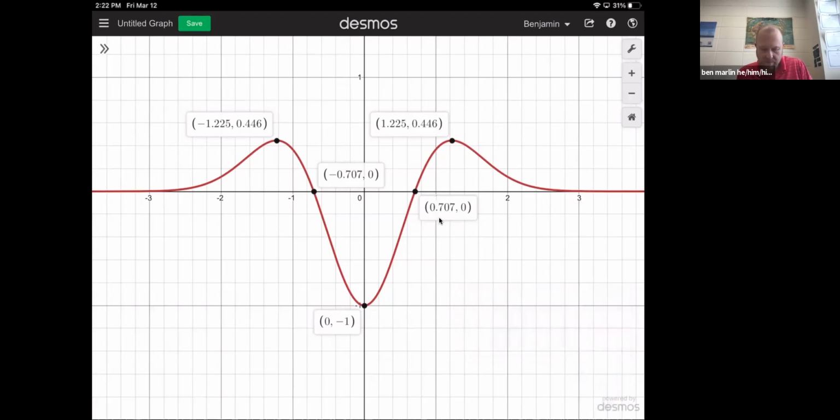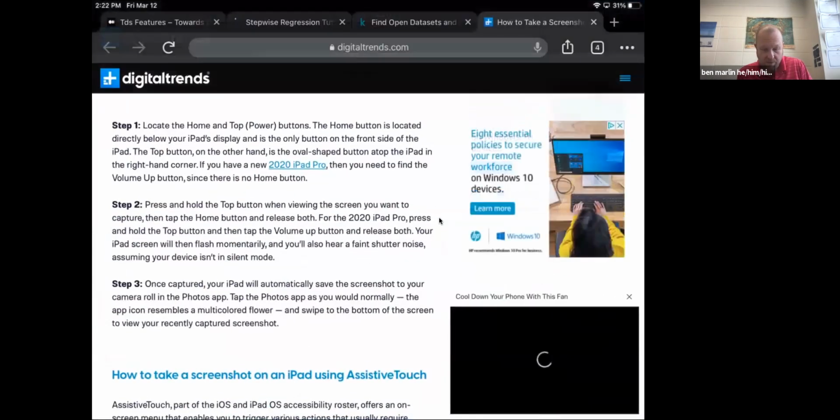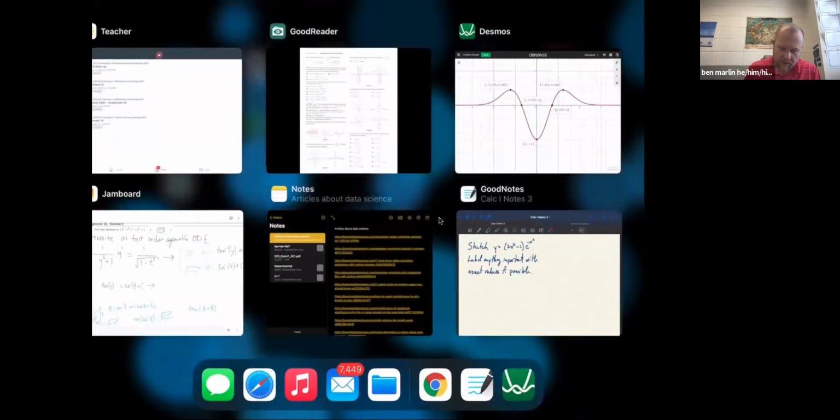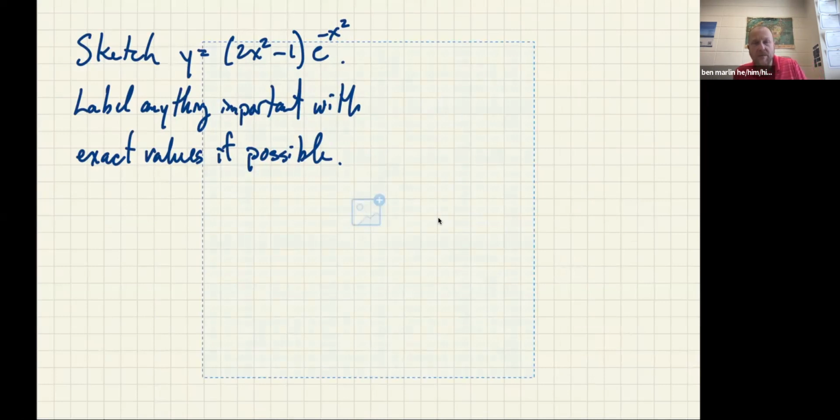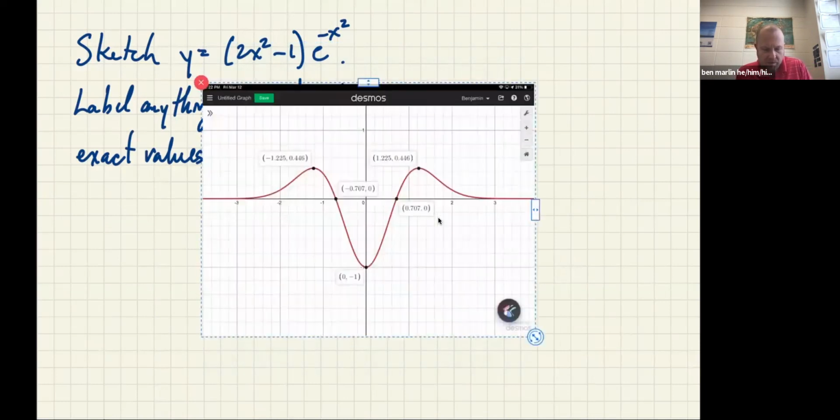Okay. So I'm going to jump. Oops, I jumped to the wrong thing. Don't need that anymore. I'm going to come in here, and so I've got a picture button. You have a picture button as well on your Jamboard, and you ought to be able to access photos from it.